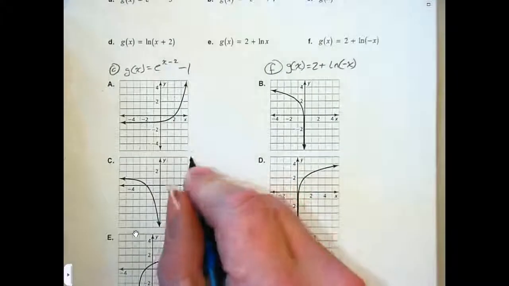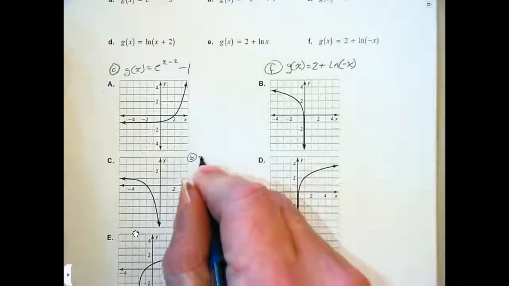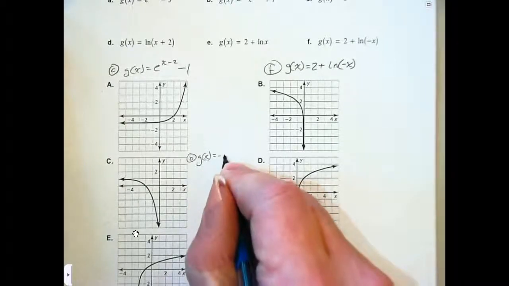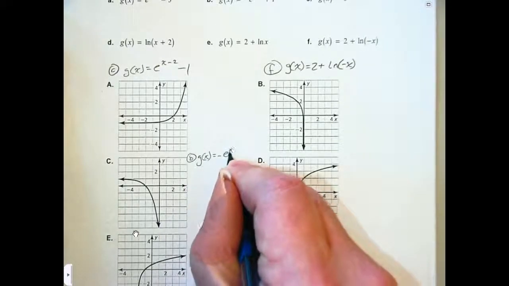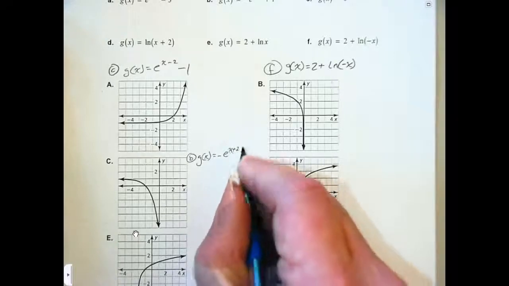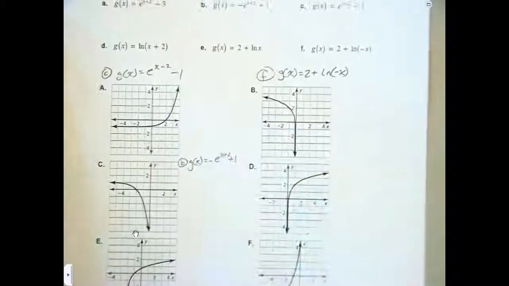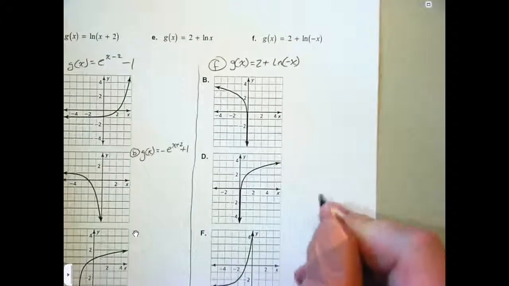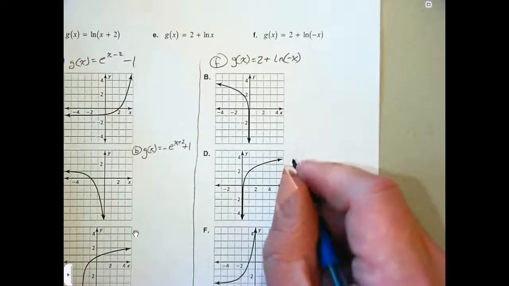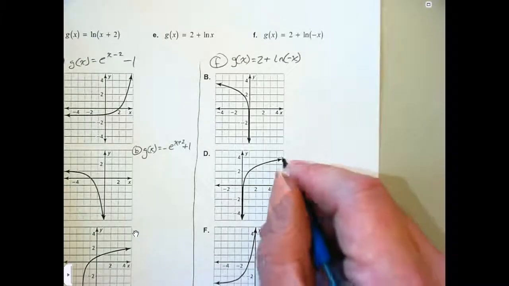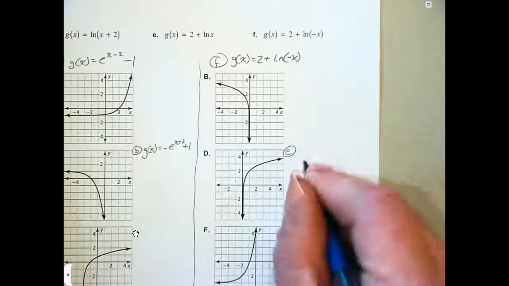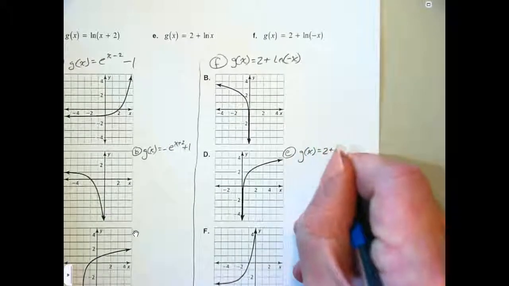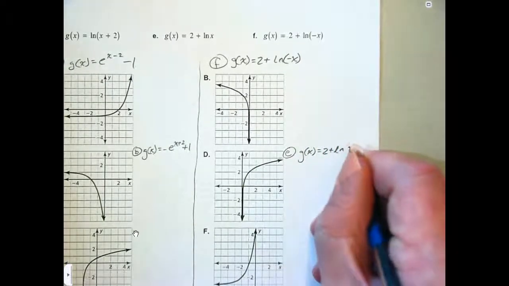B. Okay, g of x is equal to the opposite of e to the x plus 2 power, all plus 1. Let's do that. D. Okay, so we hear a bunch of e's now. We'll say g of x is equal to 2 plus the natural log of x.